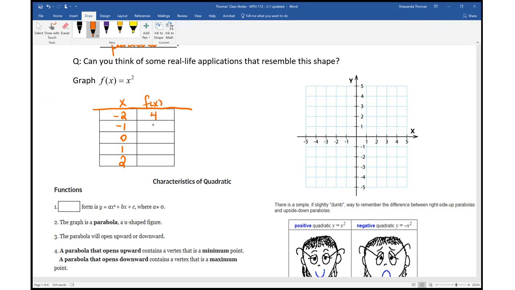Negative 1 squared would be 1. 0 squared is 0. 1 squared is 1. 2 squared is 4. So we already know that when we plot this, it is going to be a U shape, and we're going to do our best to draw a nice U shape.